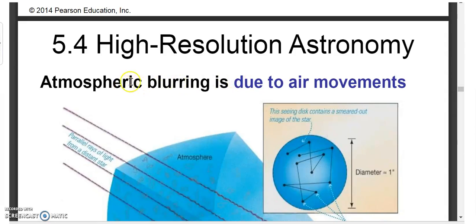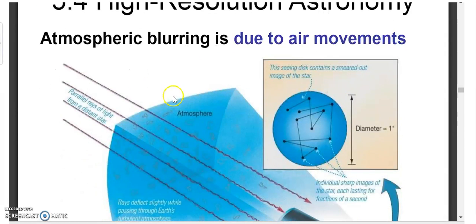So the vast majority of telescopes are on the surface of the Earth, and the atmosphere tends to blur images, right?